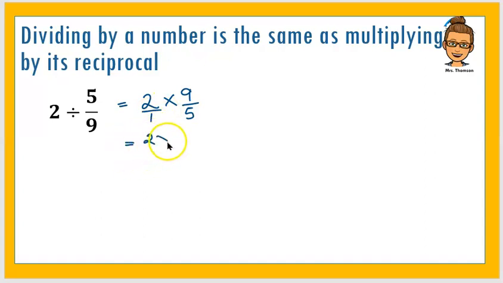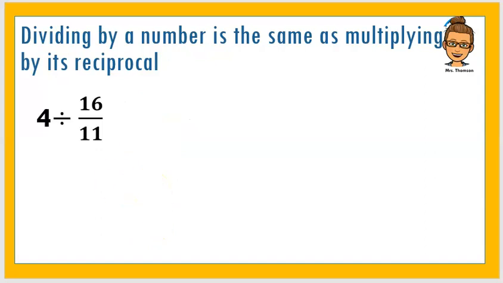So that would be 2 times 9 over 1 times 5. 2 times 9 is 18. 1 times 5 is equal to 5. 18 over 5, that's an improper fraction, so we're going to have to fix it. So how many fifths can I get out of 18? I can get 2. No, I can get 3. 3 and 3/5. Okay, so the answer to that is 3 and 3/5.